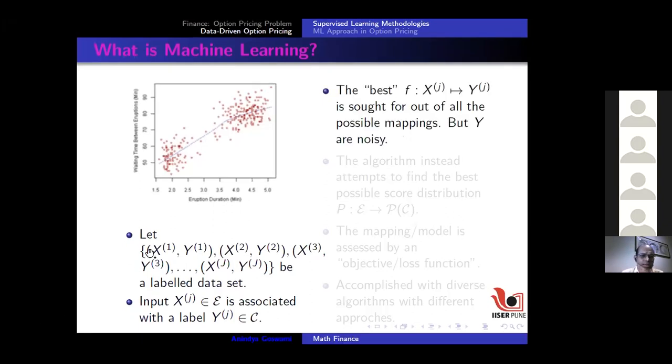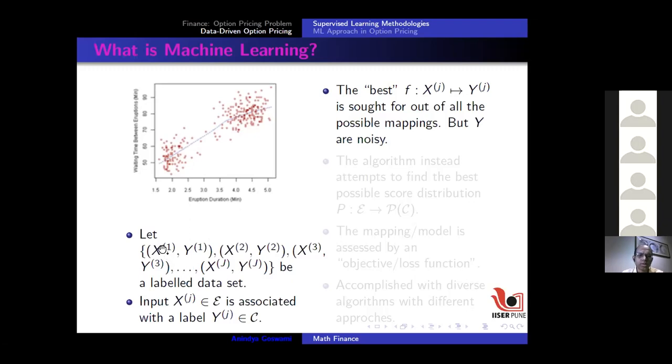Okay, so here assume that we have bivariate data in a very simple setting. Here X comes from not maybe a scalar, but from a Euclidean space E, and Y is the output variable that is also coming from a set of categories.